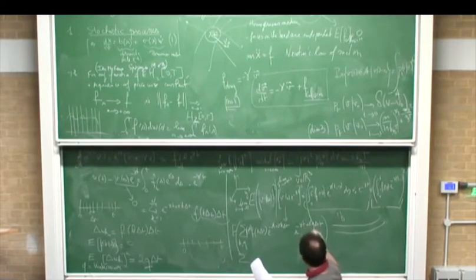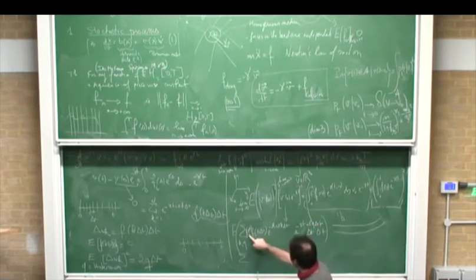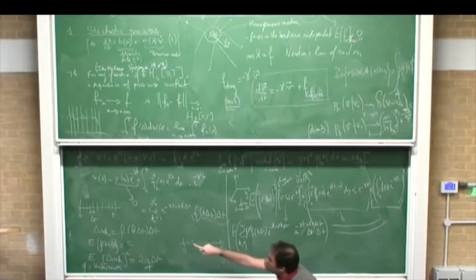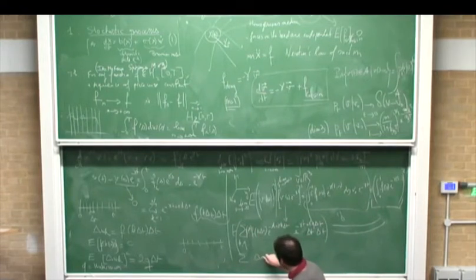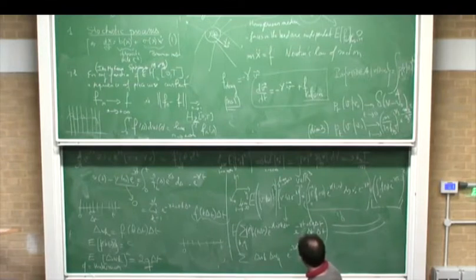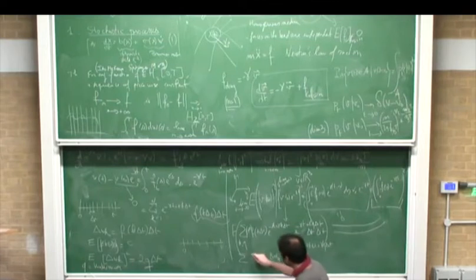Since f delta t is d omega k here, I put one delta t in here, another delta t in here, and this is d omega k, d omega q, exponential minus 2 gamma t, exponential gamma k delta t plus gamma q delta t, and then the expectation of this over k and q.